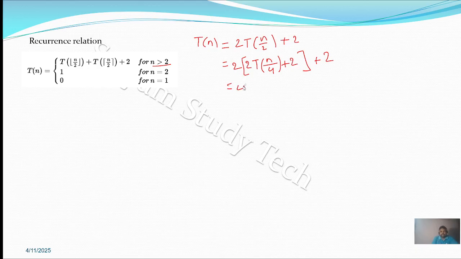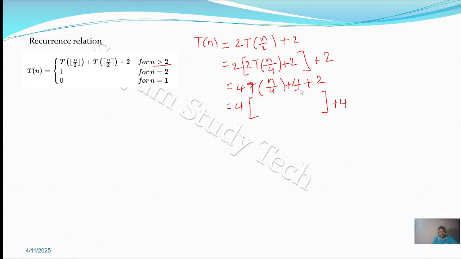Simplify this: 4T(n/4) plus 2 into 2, that is 4, plus 2. So here it is 4. Again you can apply the same thing.